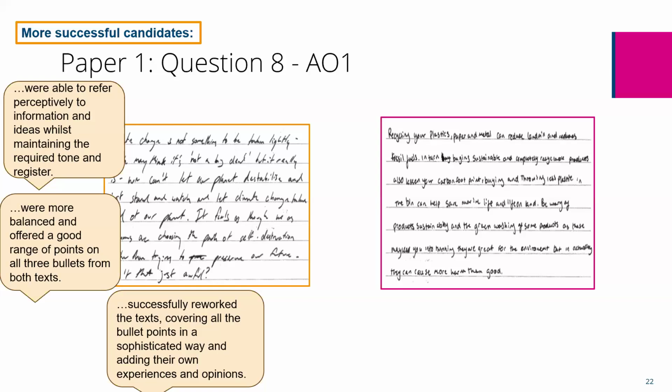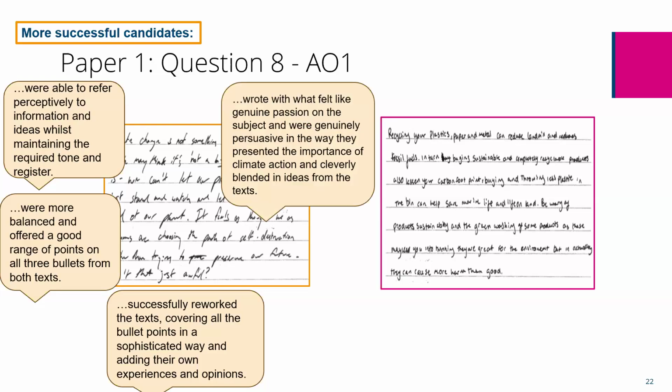They successfully reworked the text, covering all the bullet points in a sophisticated way and adding their own experiences and opinions. And they wrote with what felt like genuine passion on the subject and were genuinely persuasive in the way they presented the importance of climate action and cleverly blended in ideas from the text. Of course, these are topics that are very contemporary, very things that teenagers are very interested in.